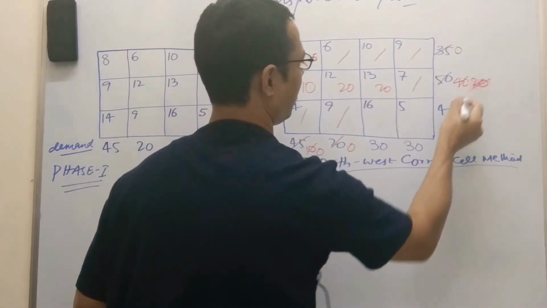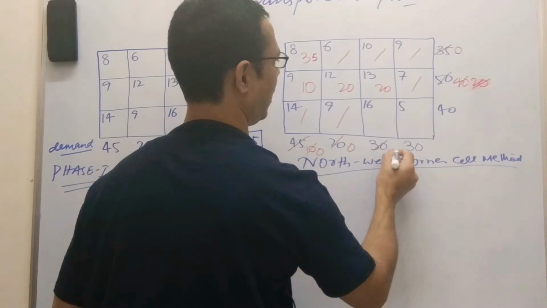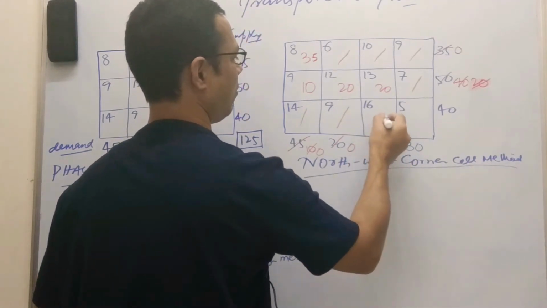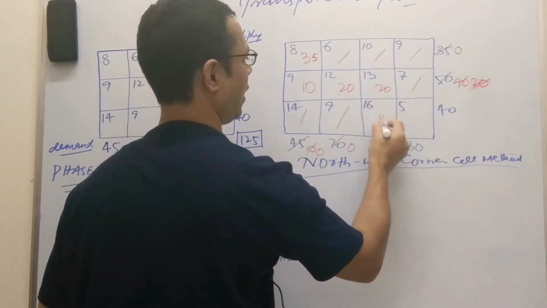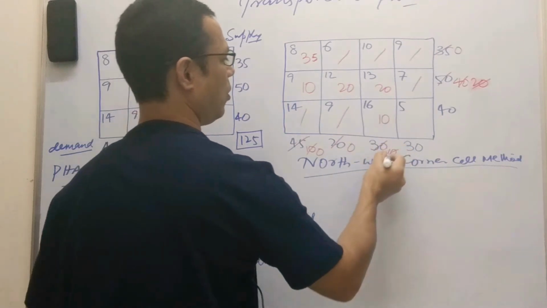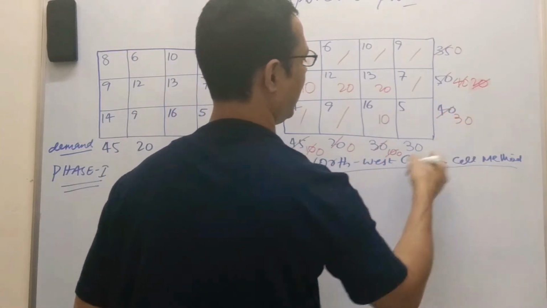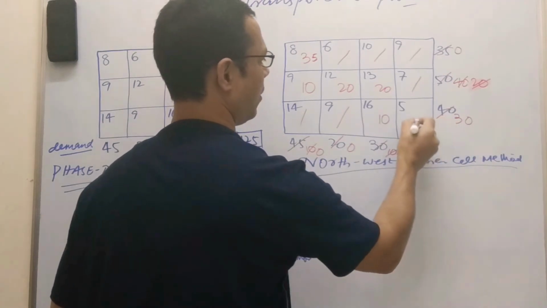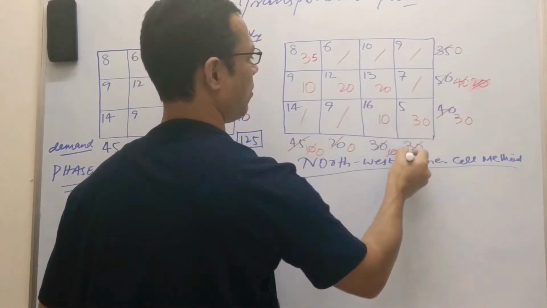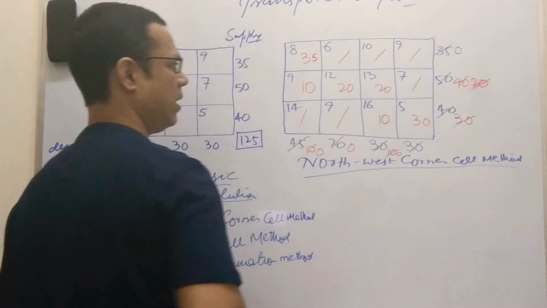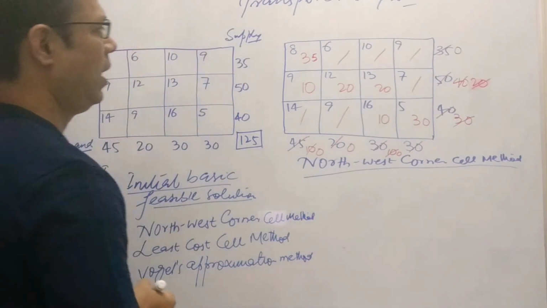So this supply is finished. 10 is left. Now this is the leftmost corner, so 10 will shift here. So demand fulfilled, 0. This is 30. At the end, if you compare, these two will be the same. So now 30 will shift to this particular cell. All supply and demands have fulfilled their criteria.